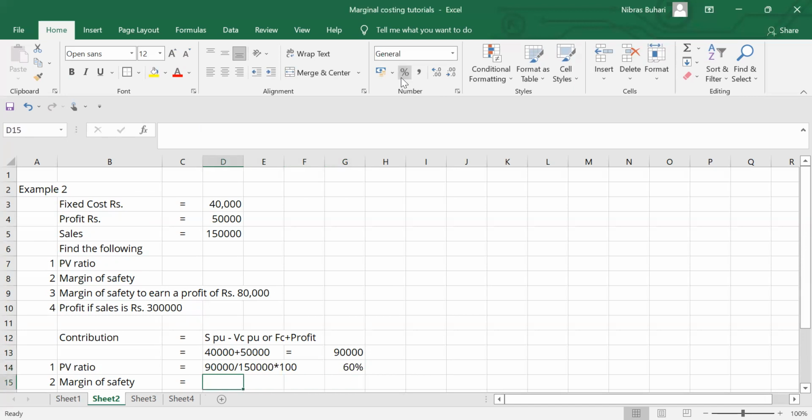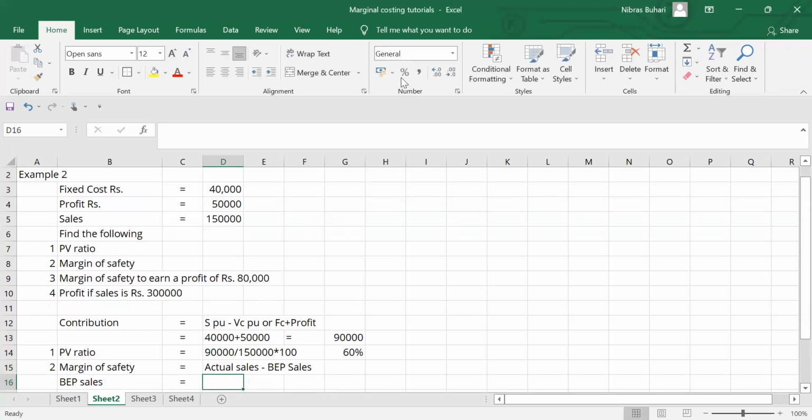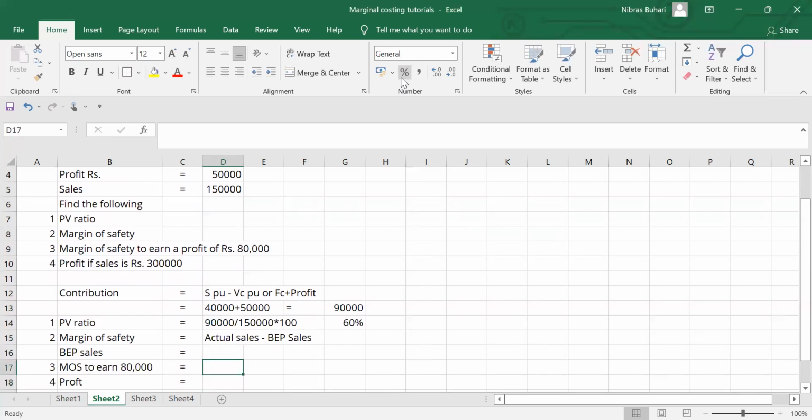Then you have got the PV ratio. Margin of safety is actual sales minus BEP sales. You can use this formula, or you can use profit divided by PV ratio. If you use the first one, you should find the BEP sales. To find the BEP sales, fixed cost divided by PV ratio.